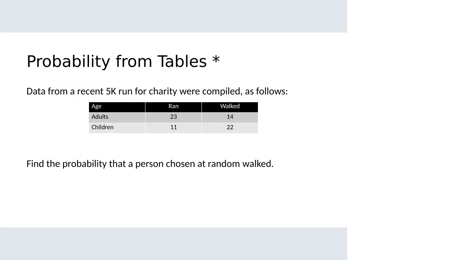And the key here, just like any other probability question, is that we're looking for successes and outcomes. Go another 30 seconds on this and then we'll talk through it together.